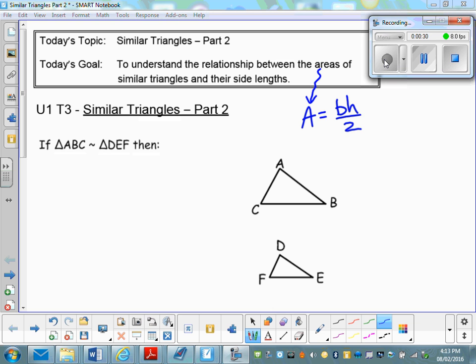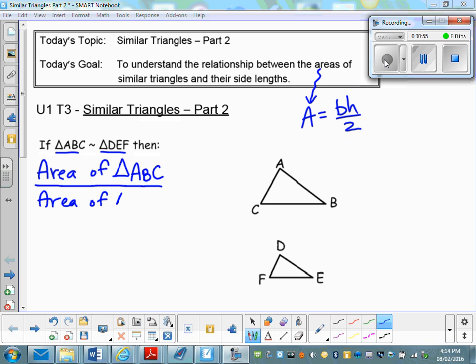So if we have triangle ABC similar to triangle DEF, here's what is true. So area of triangle ABC over the area of triangle DEF.